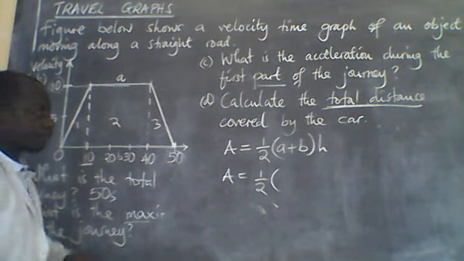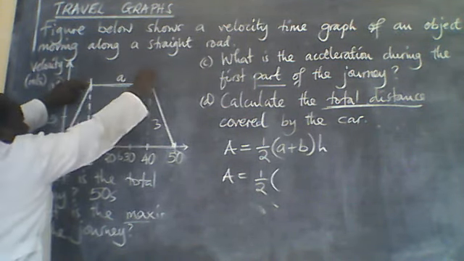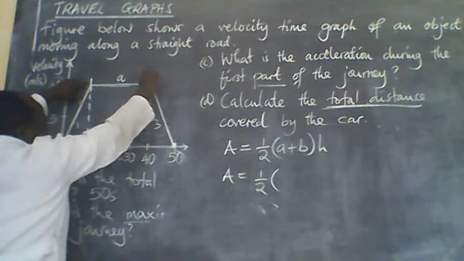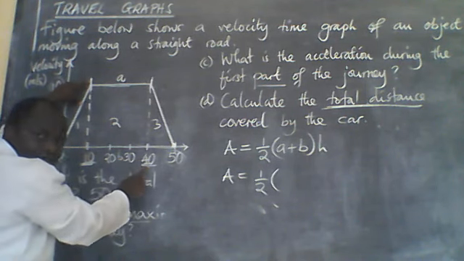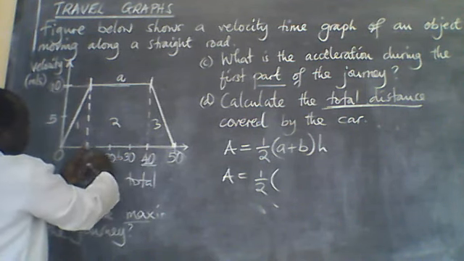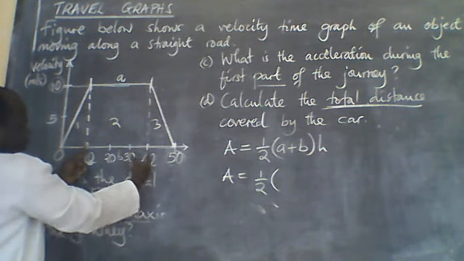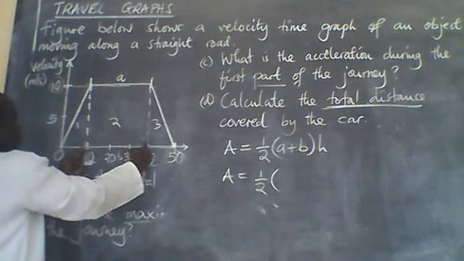We substitute. What is our A? My A is from this point here to this point. So this point is 10, then this point here is 40. So do not write 40. We are looking at this length here. So 10 to 40. That means I'll say 40, take away 10, and this will be 30. So from this to this is 30.